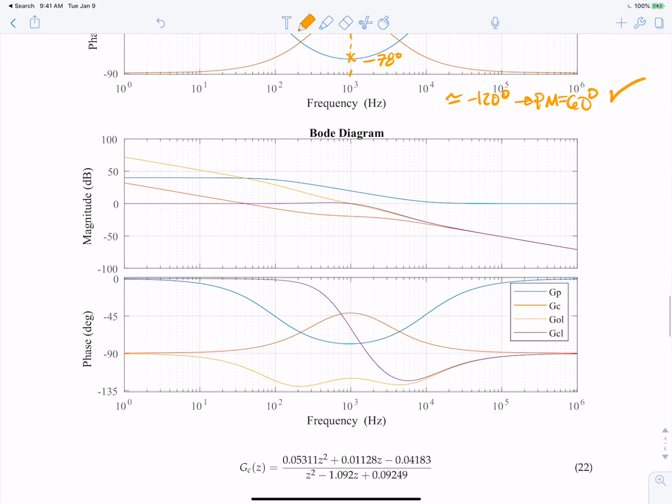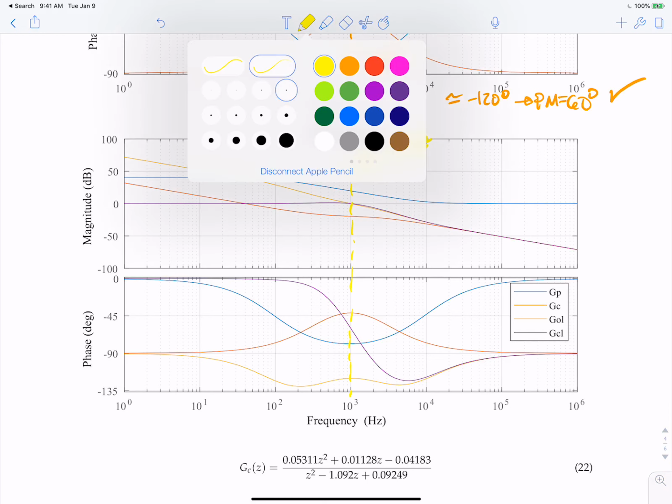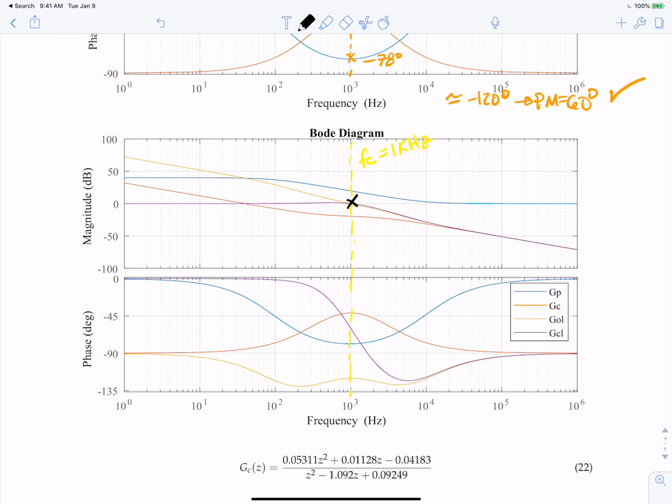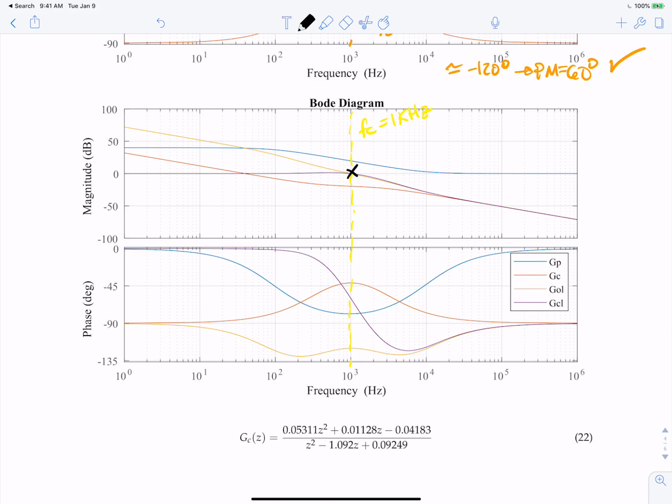That's great. Now let's take a look at the open loop transfer function, which I've plotted here in yellow. At fc equals 1 kilohertz, what do you note? You note that the yellow curve crosses through a gain of 1 right at 1 kilohertz. Also, we can check the open loop phase, and you can see we're right about minus 120 degrees.